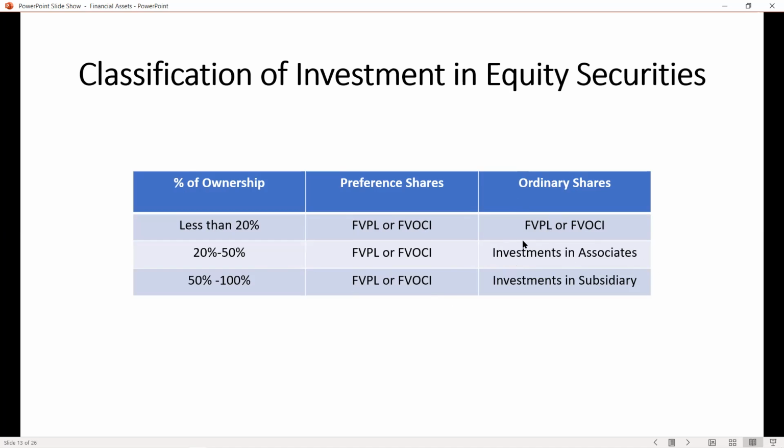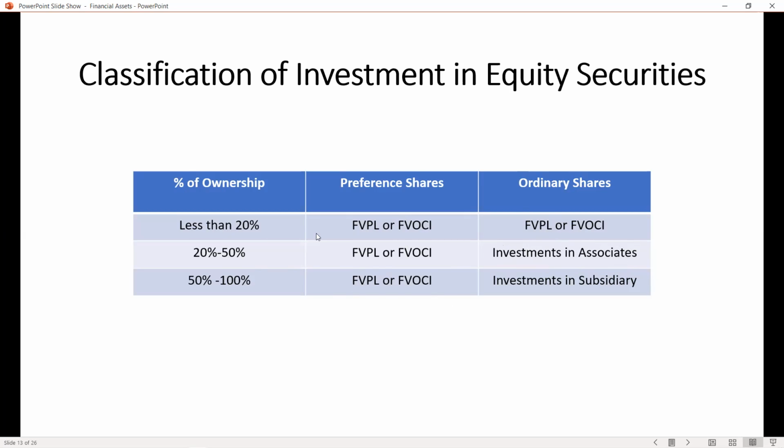Kasi, yun yung nakalagay sa Philippine Accounting Standard 28 na kapag ang ordinary shareholder or an entity na may hawak na ordinary share at saka meron siyang significant influence as to decision making, automatically i-classify mo siya sa investment in associate.